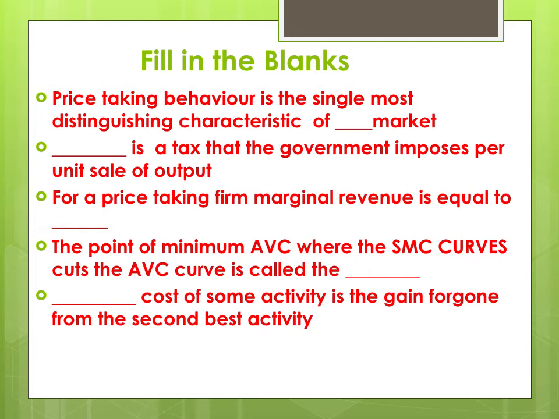The point of minimum AVC, where the SMC curve cuts the AVC curve, is called as dash. Dash cost of some activity is the gain foregone for the second best activity. I hope you know the answers to these. If not, let's see what the solutions are.